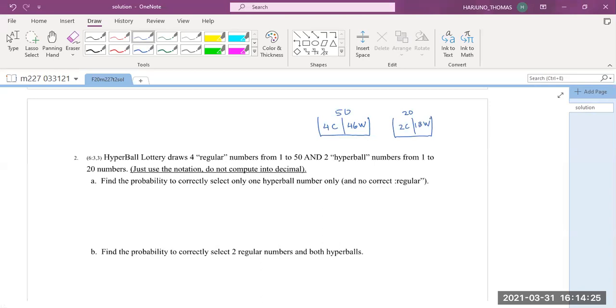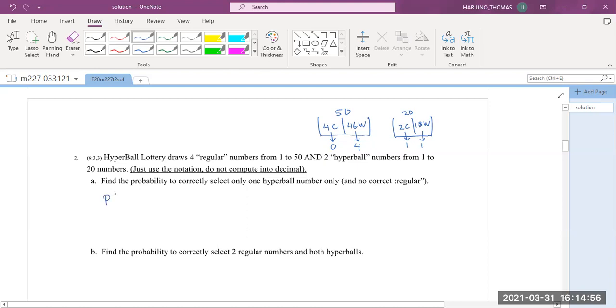Find the probability to correctly select only one hyperbole number. So the hyperbole only one correct, but the rest are wrong. I need to select 4 from the regular, all 4 of them wrong, and I need to select 2 hyperbole, only one of them correct, so the other one is wrong. Now, what is the probability?